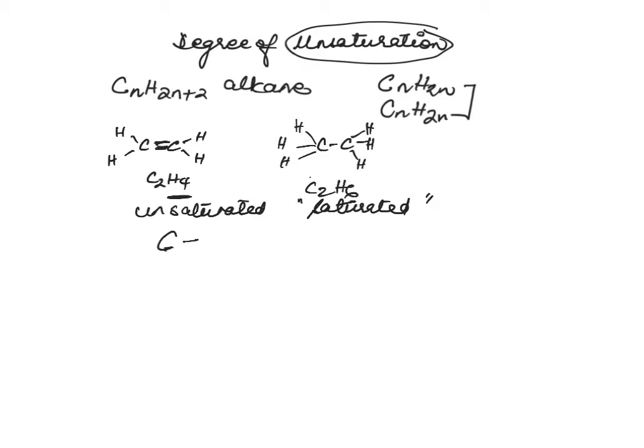The formula is the number of carbon atoms minus half the number of hydrogens plus half the number of nitrogens minus half the number of halogens plus 1. That gives you how many double bonds or rings might be present.